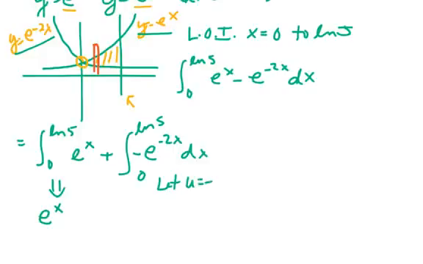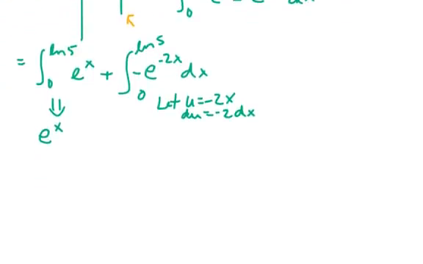We're going to let u equal negative 2x, and du is equal to negative 2 dx, right? Just in case you're still not comfortable with the direct substitution, you get dx is equal to du over negative 2. So let's substitute here. I haven't evaluated this one yet; we'll come back to that.